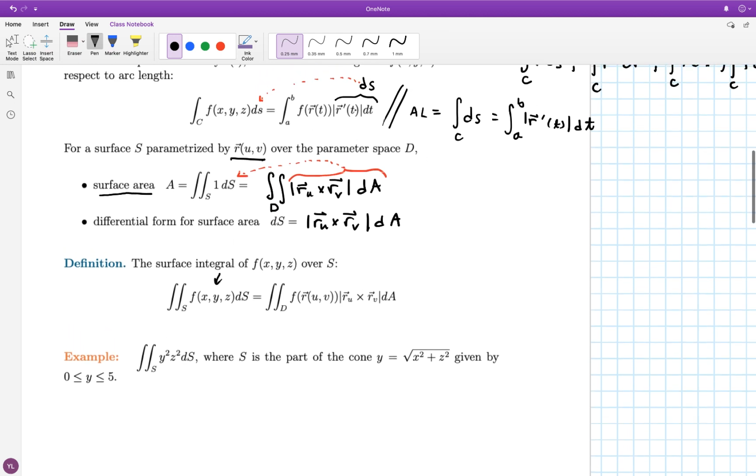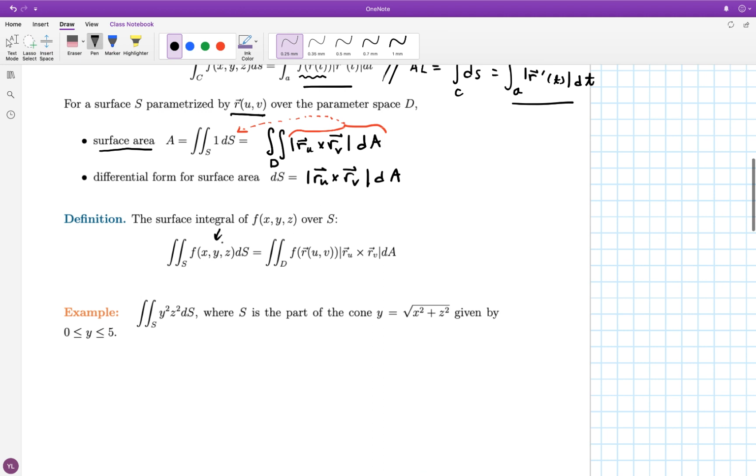So in the same way that this integral here looks like this integral with an integrand function added, we're going to do the same thing with our surface integral. So originally I have my surface area double integral.